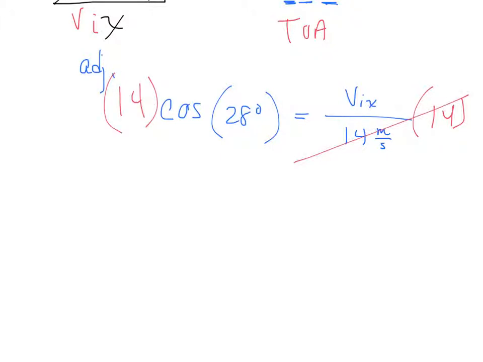So it turns out that this is my expression for VI in the x direction. I'll explain how this works in a moment. Once you see VIY, I think you'll pick up on the trend. So that's where I get VIX from. When I multiply both sides by 14, VIX is equal to 14 times the cosine of whatever theta was.